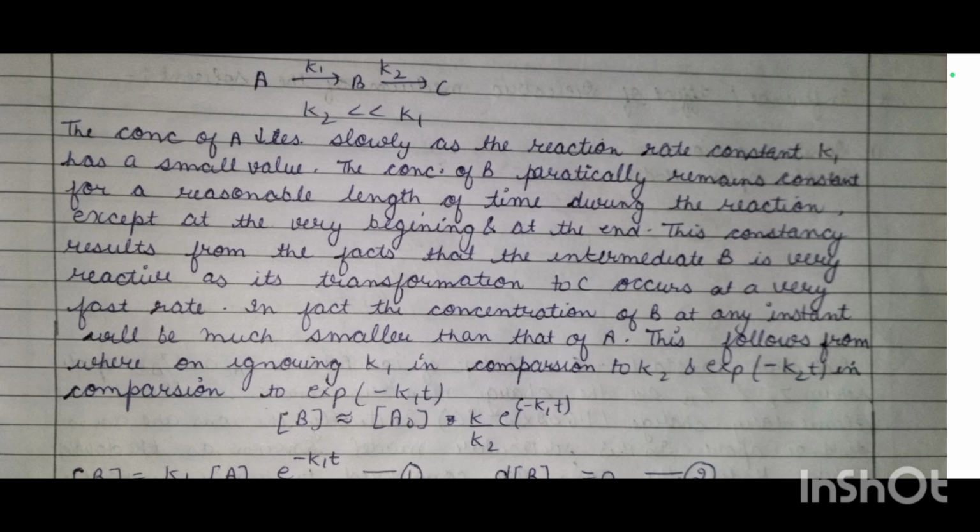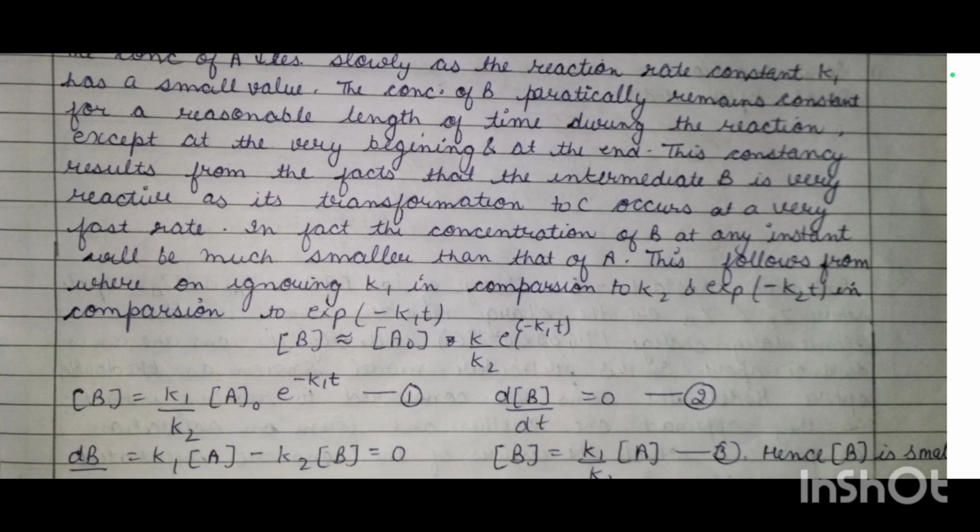In fact, the concentration of B at any instant will be much smaller than that of A, and this follows from ignoring K1 in comparison to K2 and e to the power minus K2t in comparison to e to the power minus K1t. So the concentration of B is equal to A naught multiplied by K1 by K2 e to the power minus K1t.